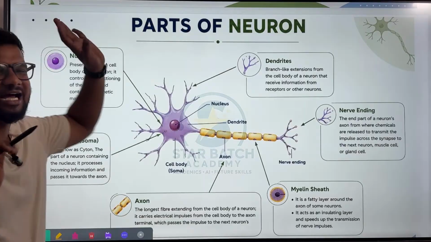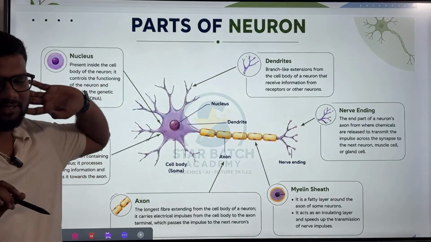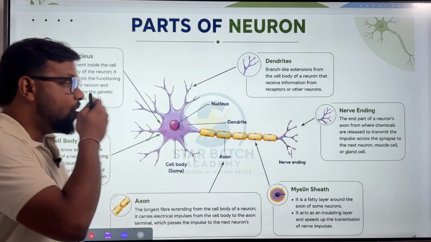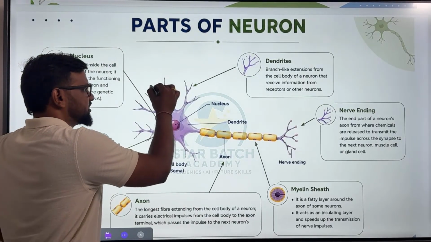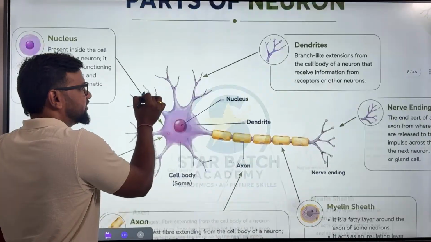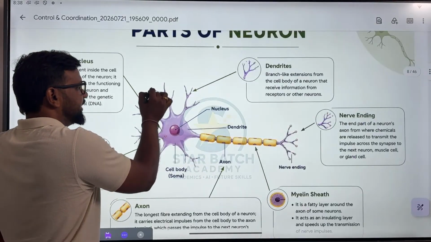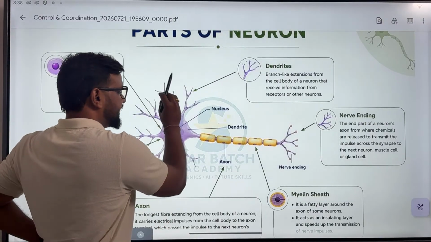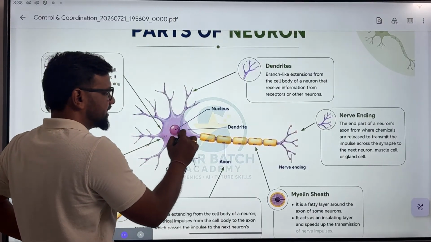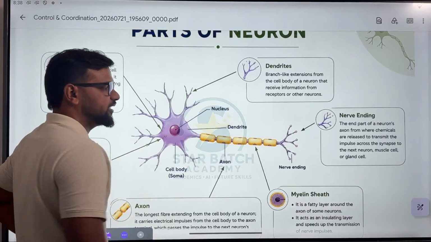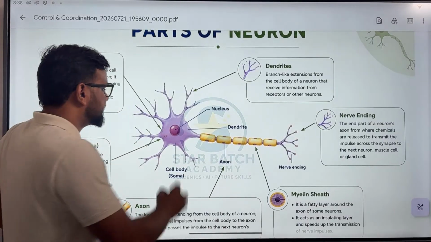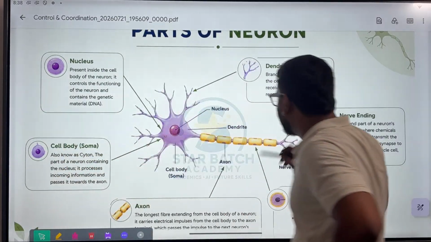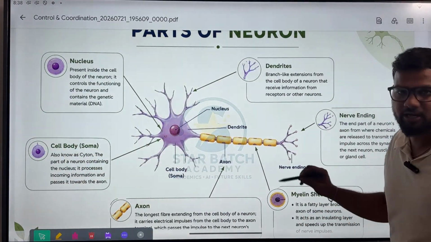Now what is happening? Let me show it simply here. When information comes, first the dendrites get the information. From the dendrites, the electrical impulse passes through the cell body and axon and reaches the nerve ending or axon terminal.